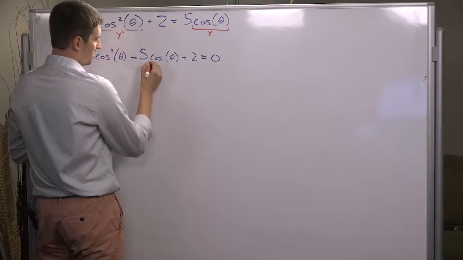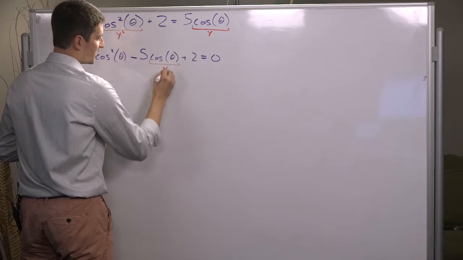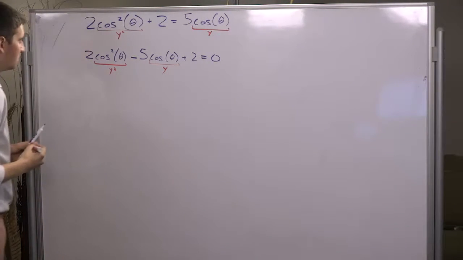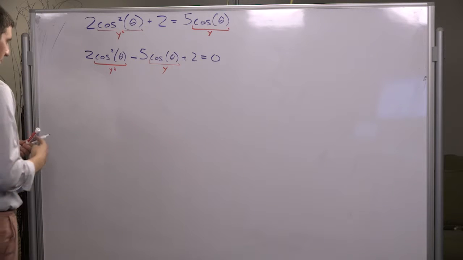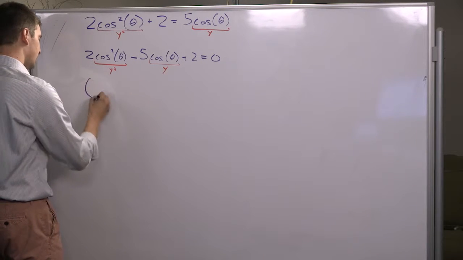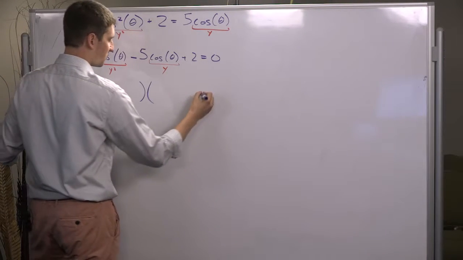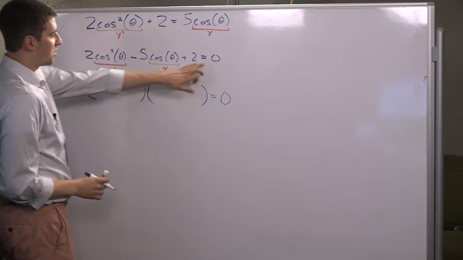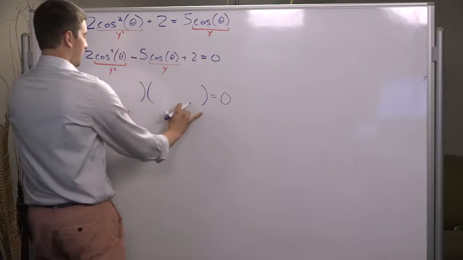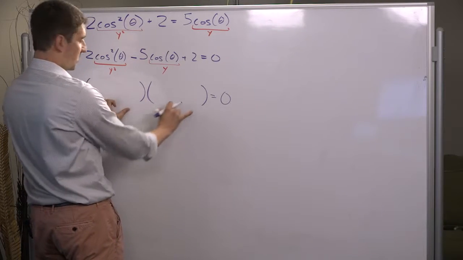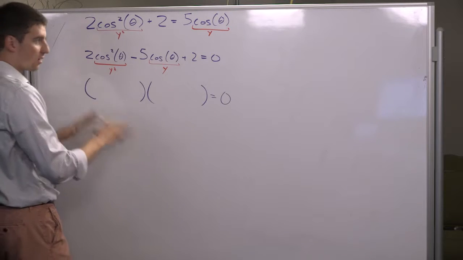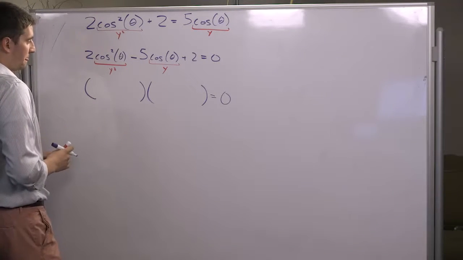Remember, this is something like a y, and this is something like a y squared. So how are we going to factor this thing? We have something over here and something over here, and that's all equal to 0. Again, we want 0 on one side because if we factor this apart and 2 things multiply to get 0, one of them has to be 0. So this is breaking our equation down.